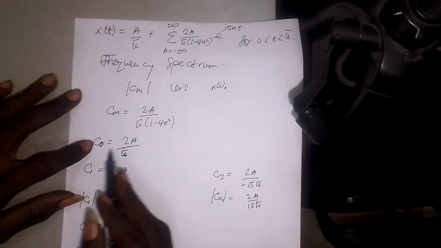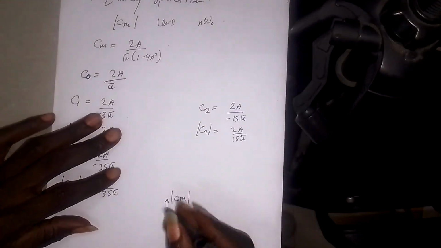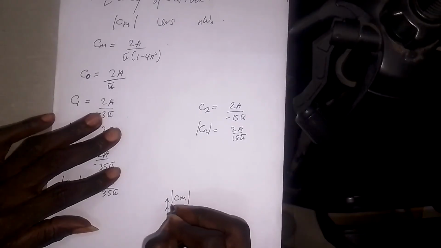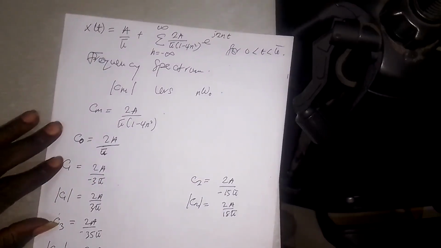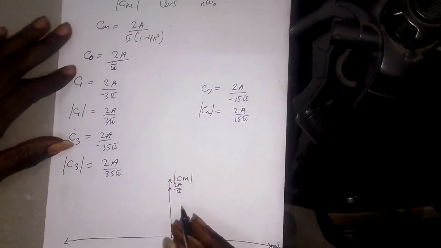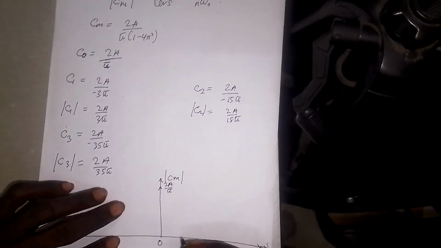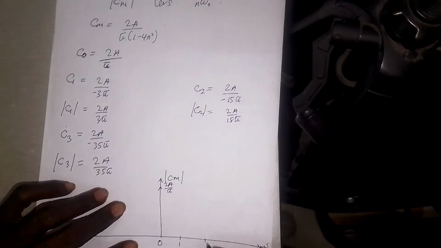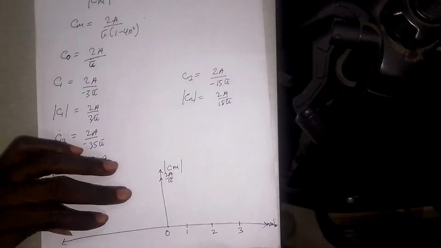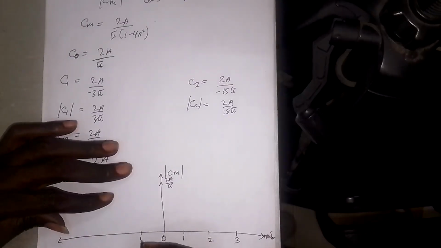When it was 0, I got 2A on pi, so that means the longest one here is 2A on pi. But you can ignore the A because it's appearing in all of them, so that is a constant we can ignore, but you can also bring it, no problem. I found C1, so I have 1 here, C2, so I have 2 here, C3, so I have 3 here. The opposite will be on the other side: minus 1, minus 2, and minus 3.